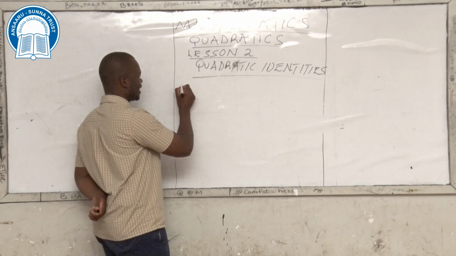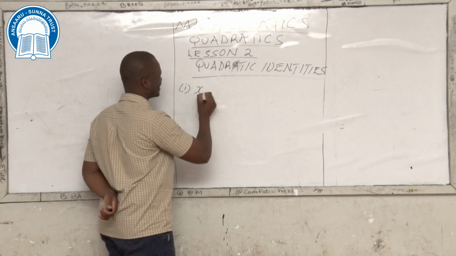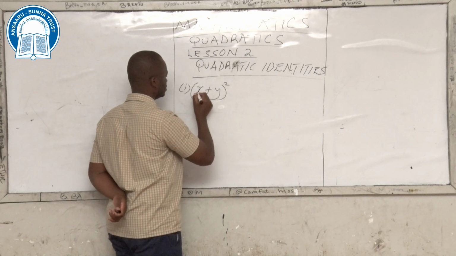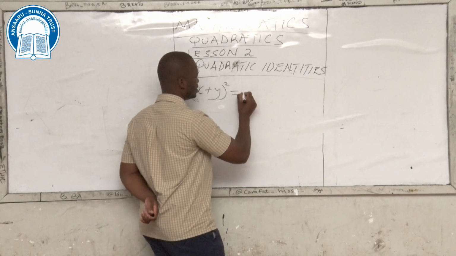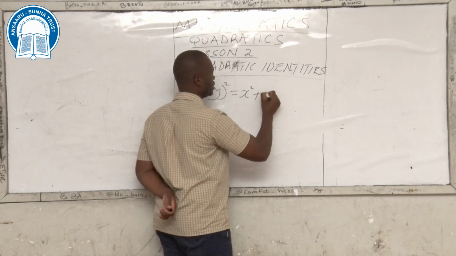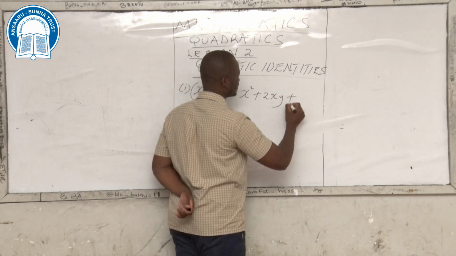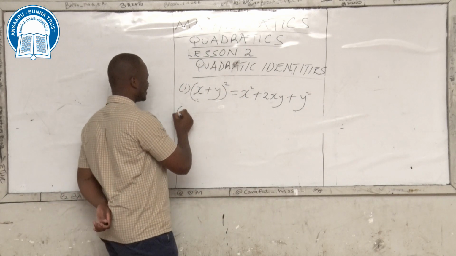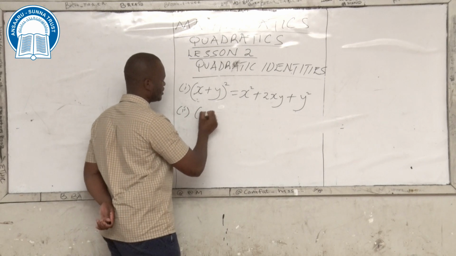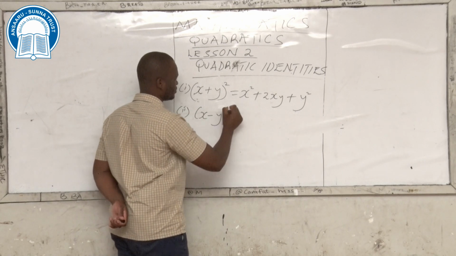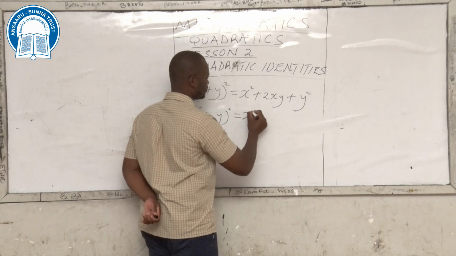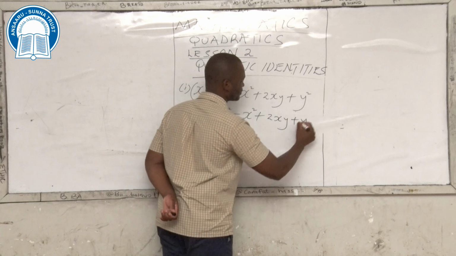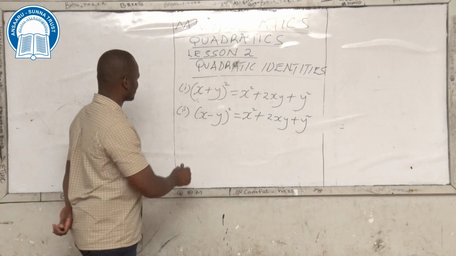The first, given by x plus y squared is equal to x squared plus 2xy plus y squared. And the second being given by x minus y squared is equal to x squared minus 2xy plus y squared.